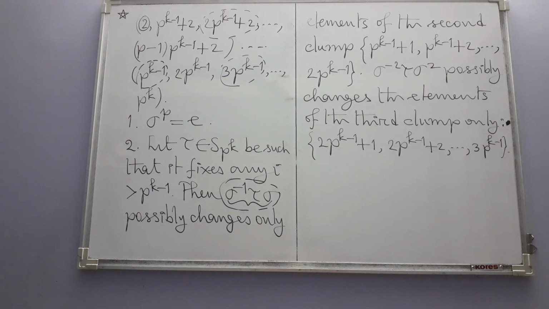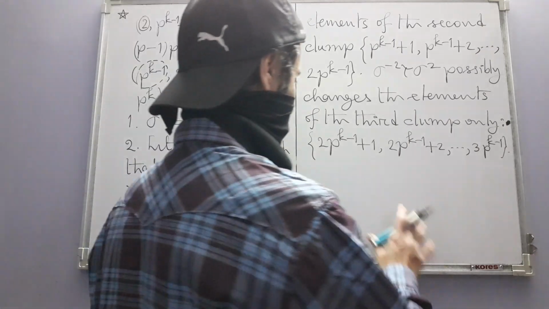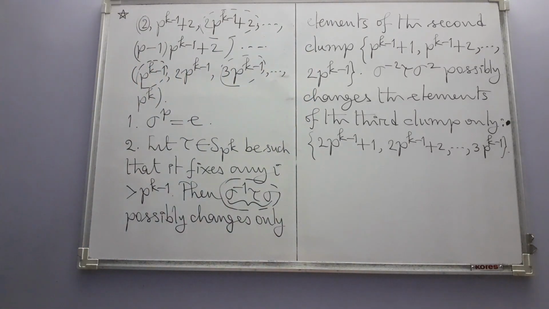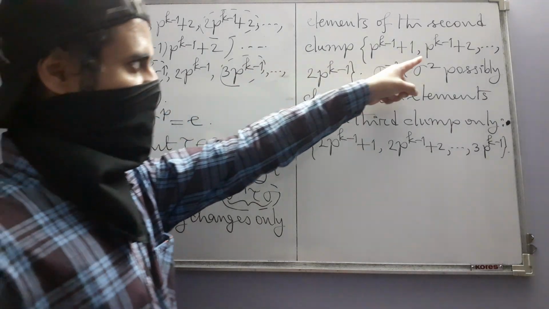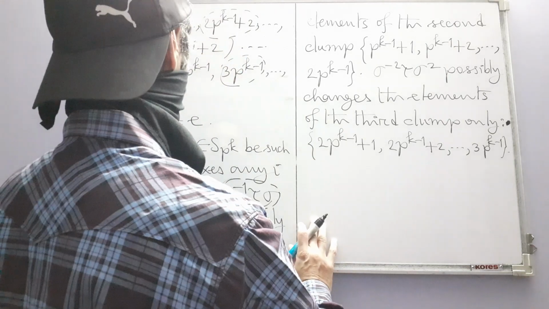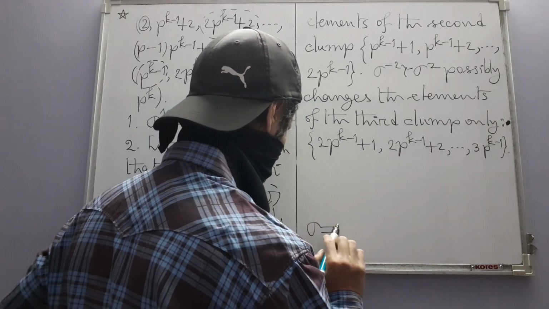Why not the second clump? Why not the first clump? Let's see what happens to the elements of the second clump. The second clump we have here. Oh, I have lost a part of sigma. Let me just write it here.